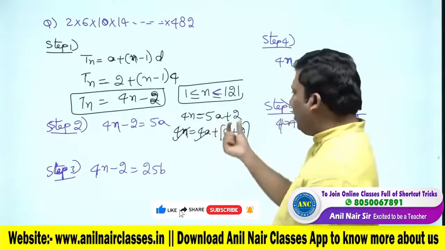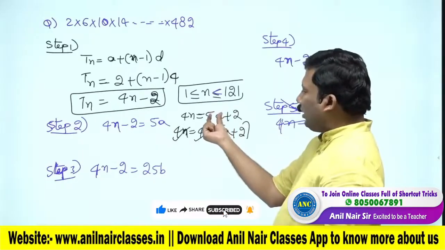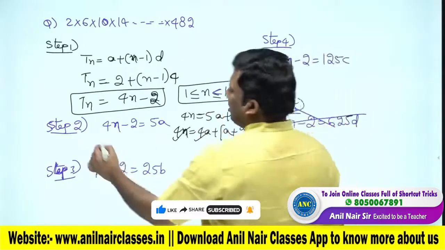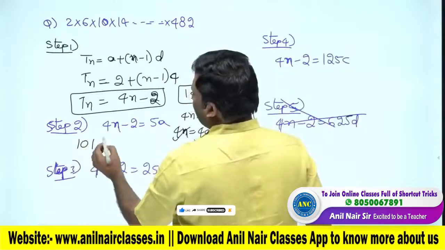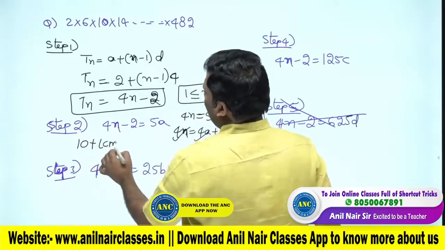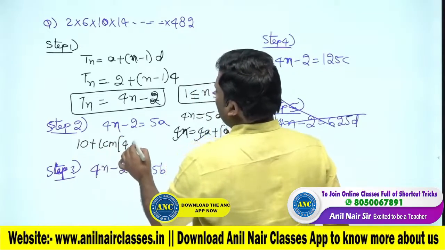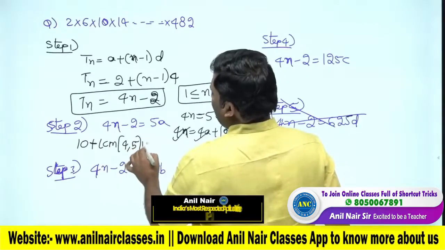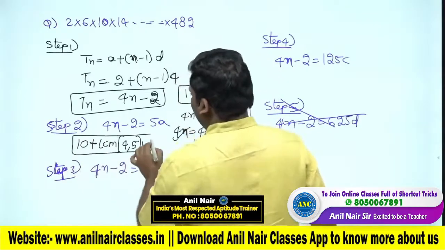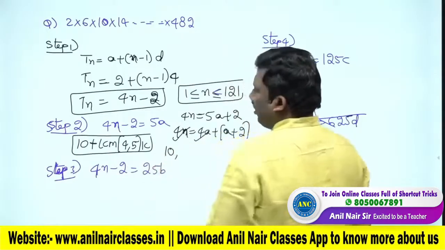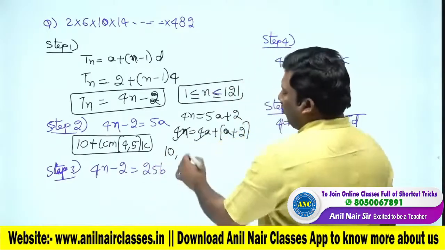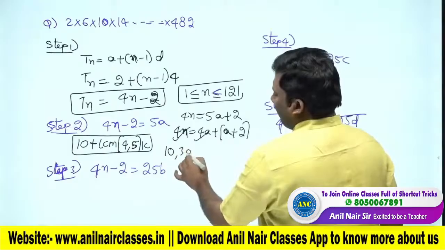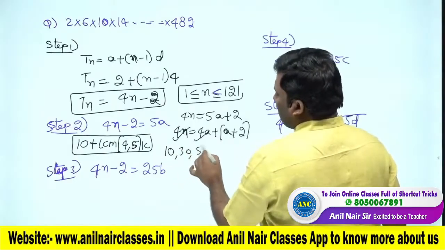The minimum value of a should be 2. 5 2s are 10. So this will be 10 plus LCM of 4, 5 into k. K value 0, it is 10. K value 1, it is 30. K value 2, it is 50.